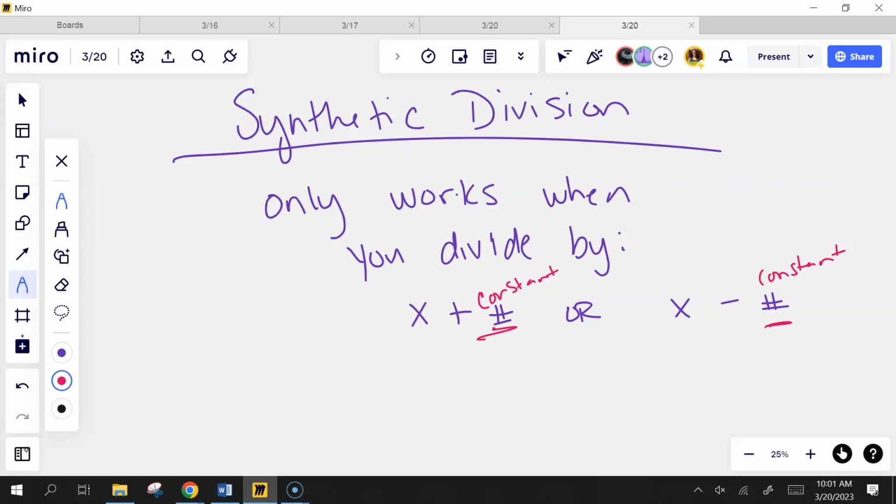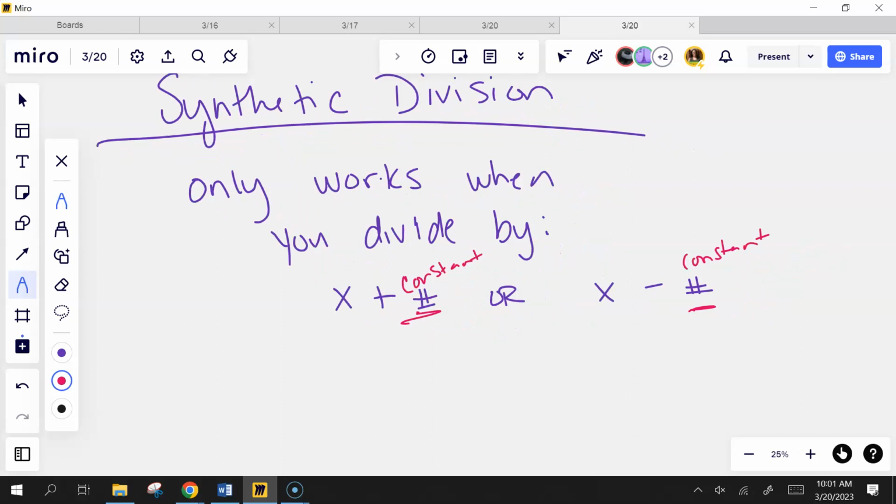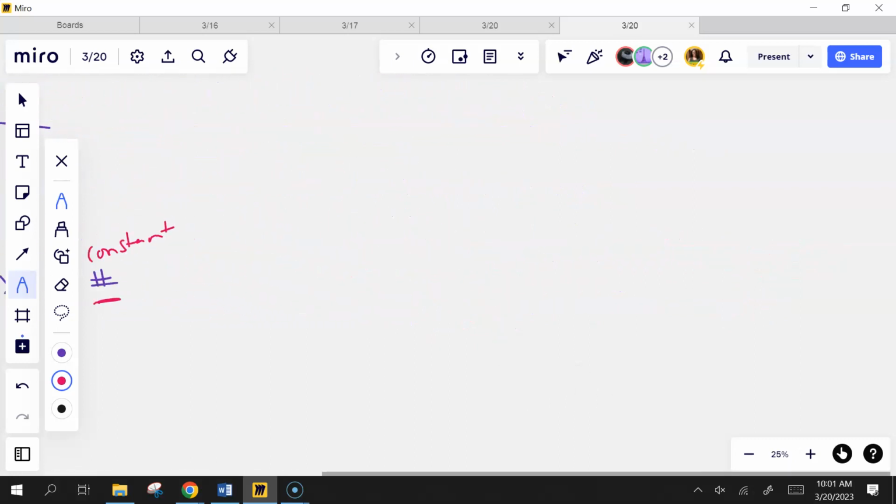So, for example, give me one, BJ, on that paper that you have that could be done with synthetic, that one you were just looking at. Or on the quiz, that's fine. Give me one on the quiz that could be done with synthetic division.